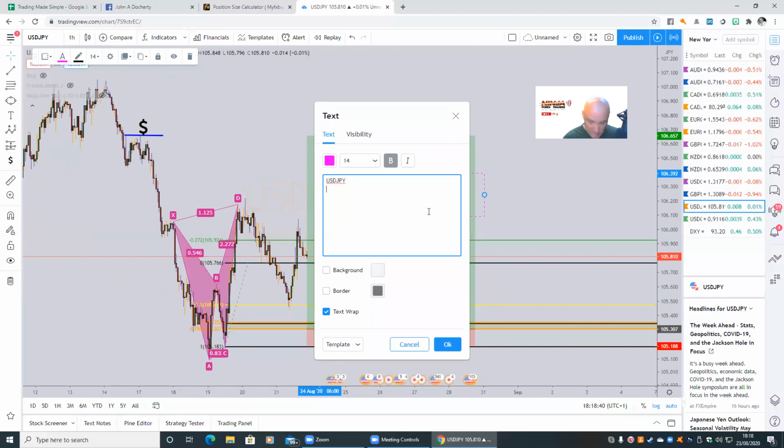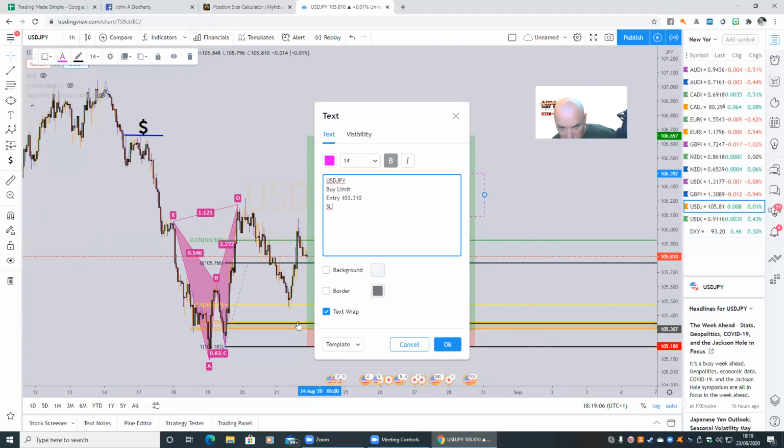We'll put buy limits. Right, so we'll do an entry of 105.307. I'm going to put 310 for this, guys. Okay, rather than 307, just for broker spreads and things at 310.